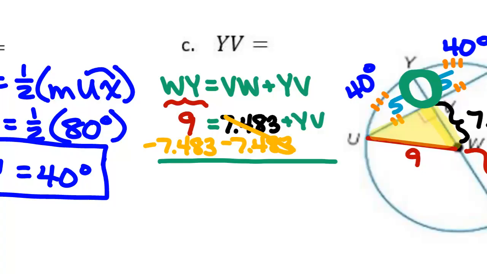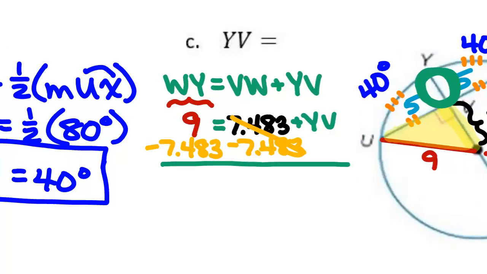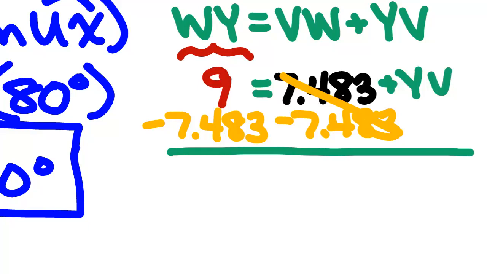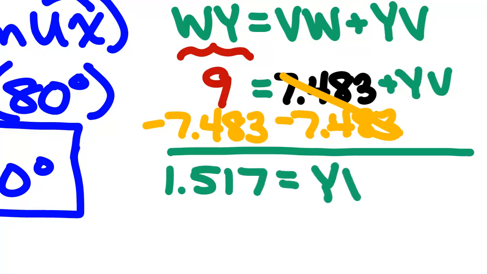What is 9 minus 7.483? Nine minus 7.483. 1.517 is YV.